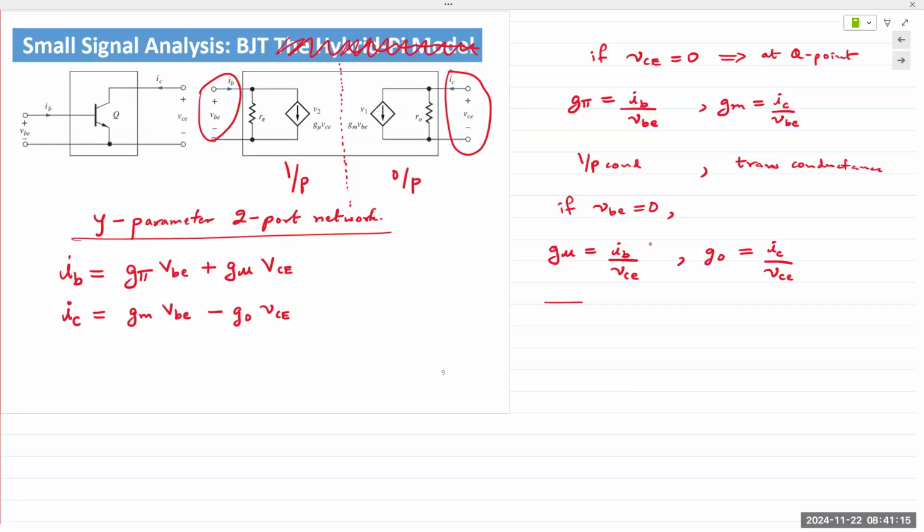So now at the Q point, what are the values of these quantities?